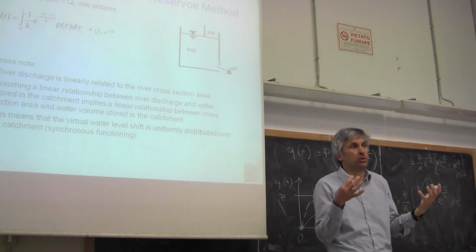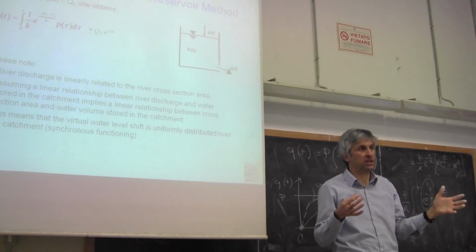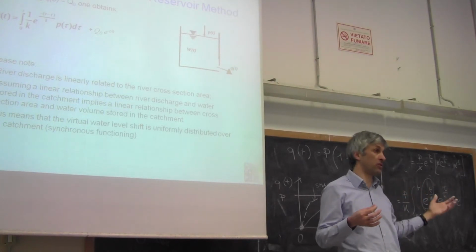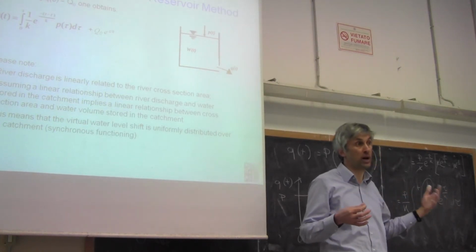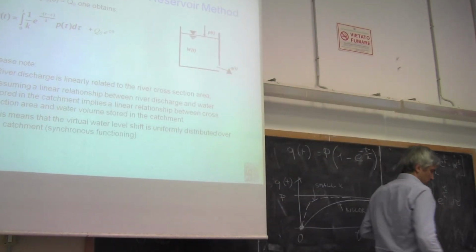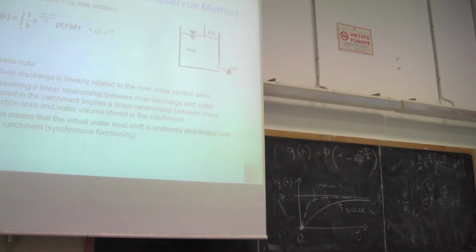But you still don't know if a proper value of K for the Po River is around 1 minute, 1 hour, 1 day, 1 week. You still don't know. But what is important is to have an idea of the physical meaning.